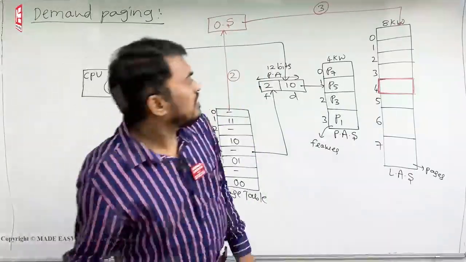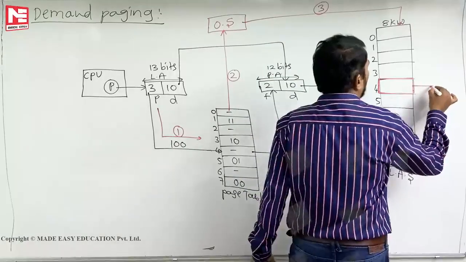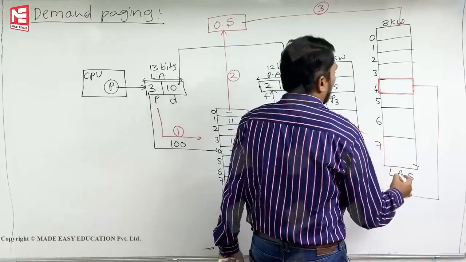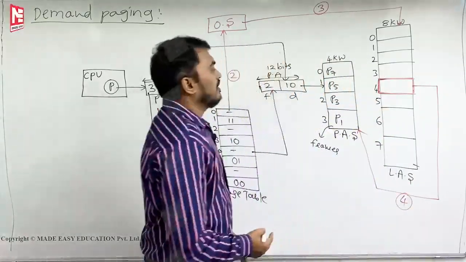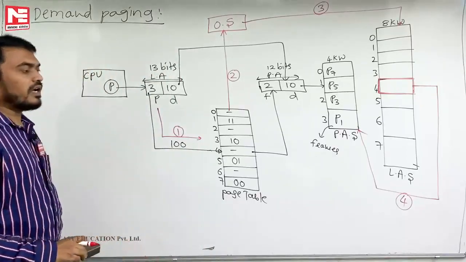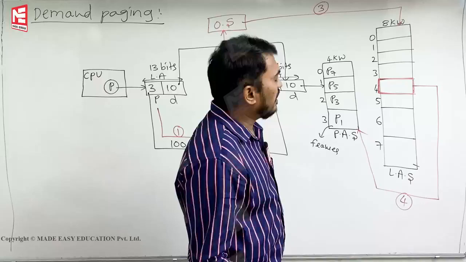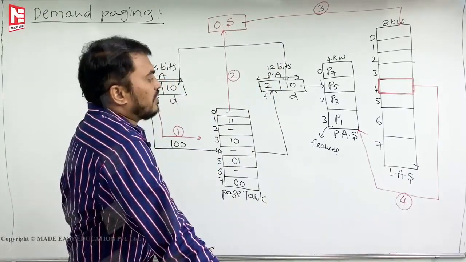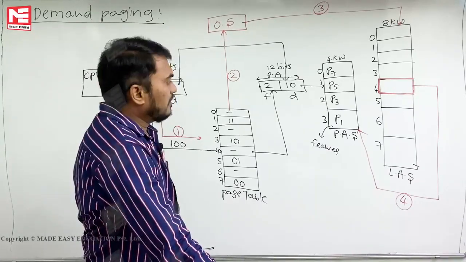Step number 4: the required page will be brought from LEAS to PAS. Look here, note down. Step number 4: the required page will be brought from LEAS to PAS.